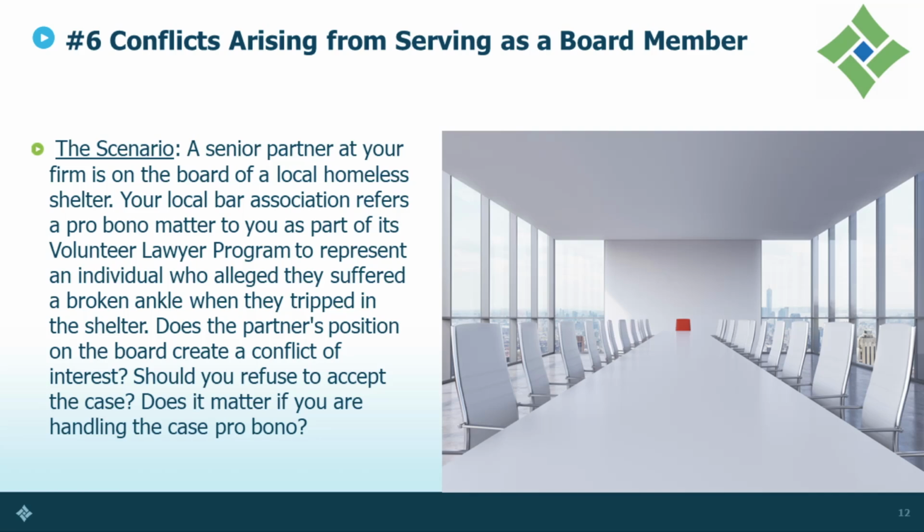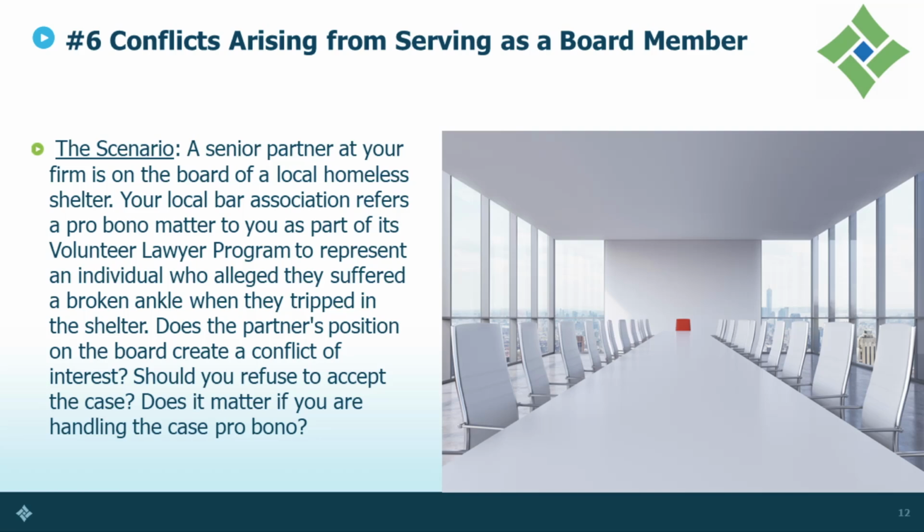And this is a classic issue conflict. As a board member, the senior partner has a personal interest. Under Rule 1.7(a)(2), a conflict could exist because of the significant risk that the representation would be materially limited by the lawyer's personal interest.